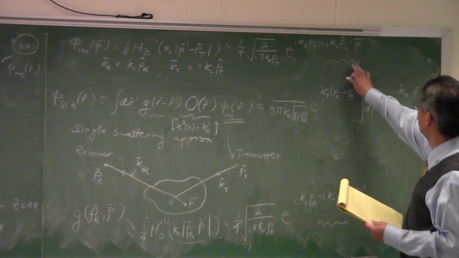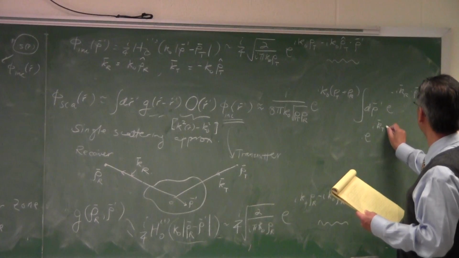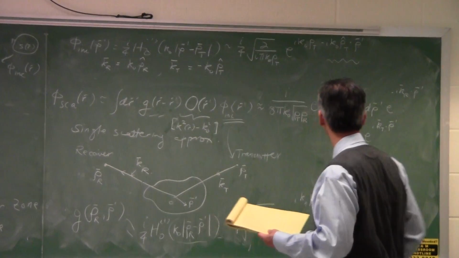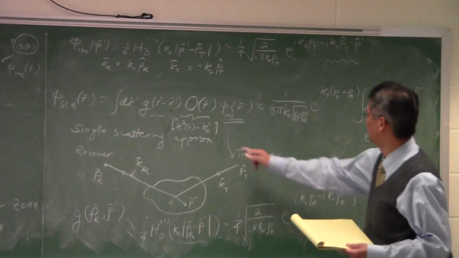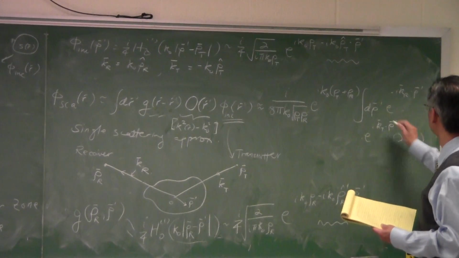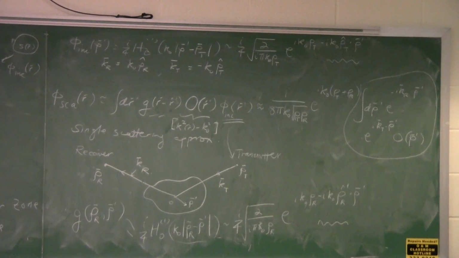Okay, and then this term here, I will call e to the I K T bar, rho prime. Okay, because of the way I define KT. And then whatever is left is all of rho prime. So the integrand becomes very simple.